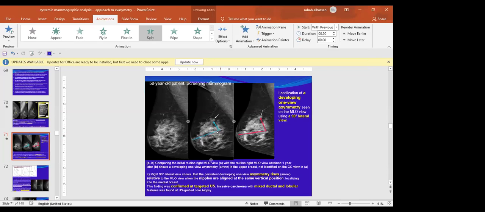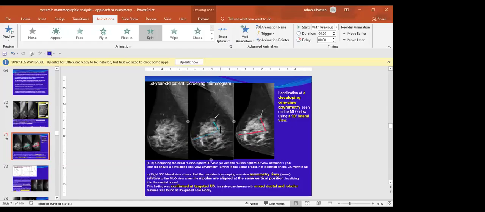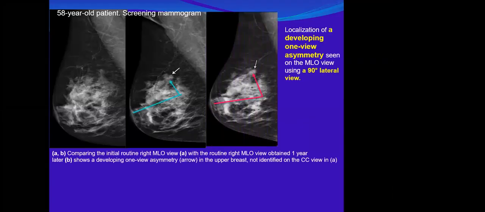Is it at the same level? No. It is at a higher level. Yes, higher level. So it is medial in the CC. We put the nipple at the vertical plane, and it is at a higher level, so it is expected to be in the medial breast.